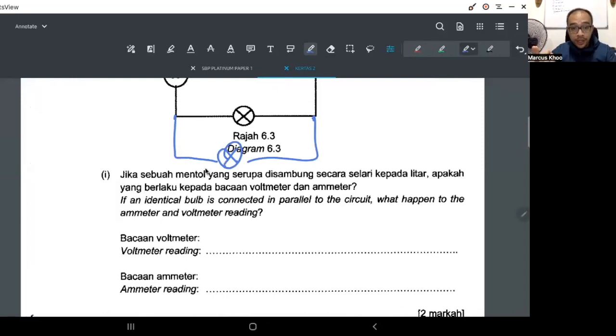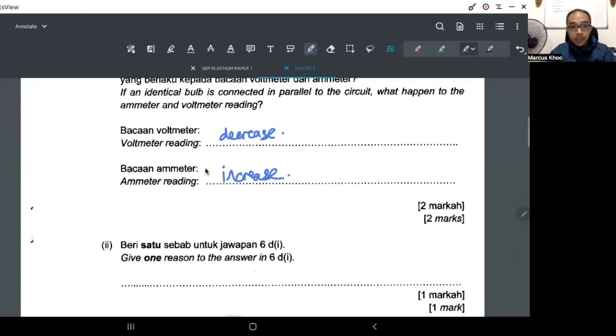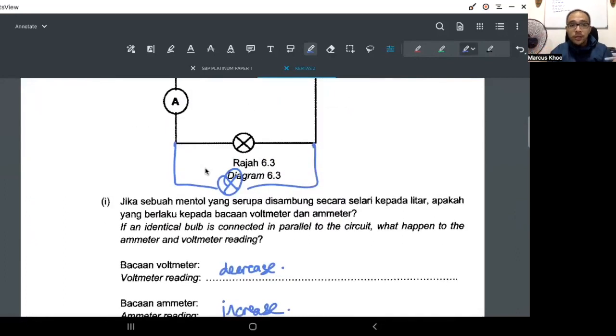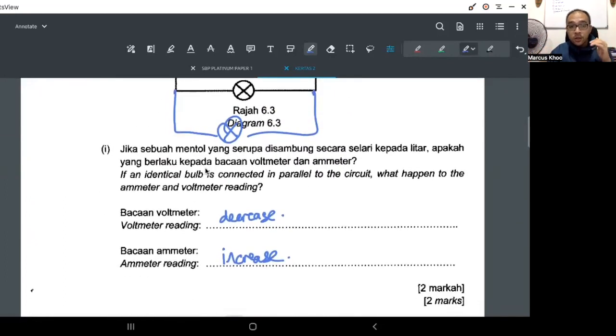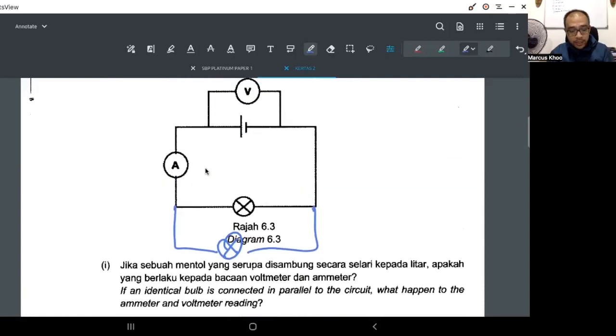So the voltmeter reading will decrease, and the ammeter reading will increase. Why? The most logical one is obviously the ammeter reading. Why will the ammeter reading increase?